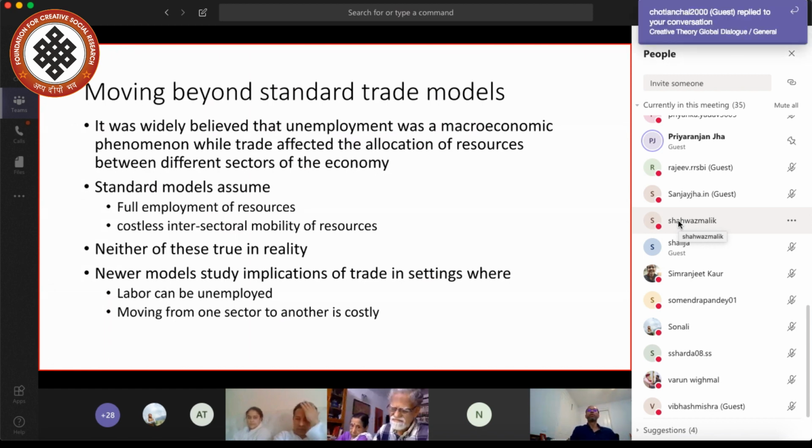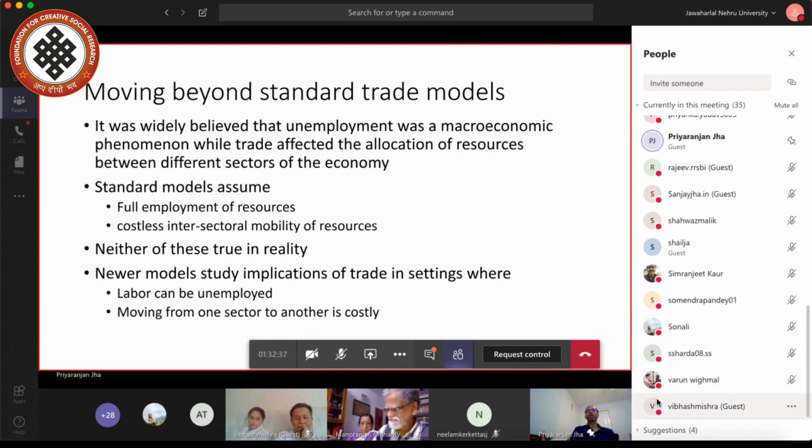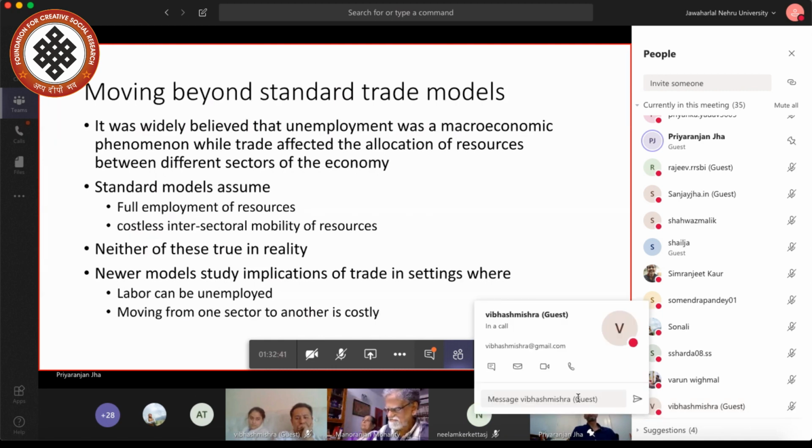There's no cost for a worker moving from a steel mill that has closed in Pittsburgh to say Boeing's factory in Seattle, because steel is an import competing sector in the US, and aircraft is an export sector. So that movement was assumed to be seamless, but that is not true in reality.